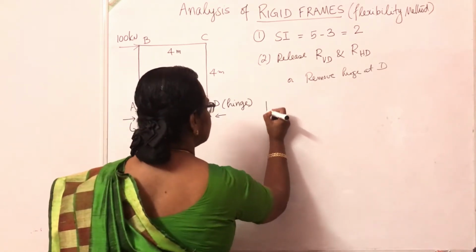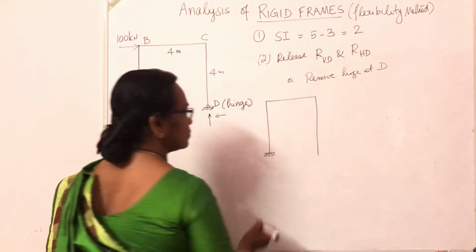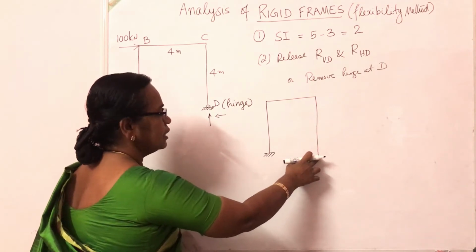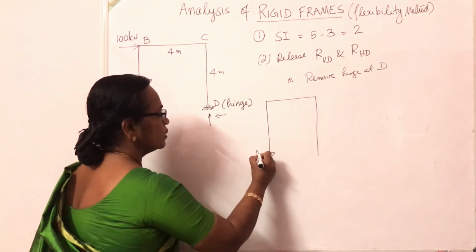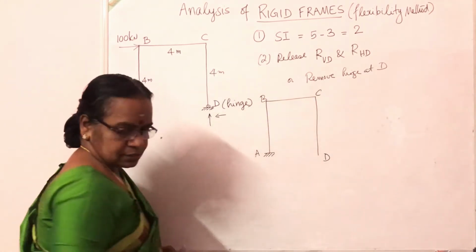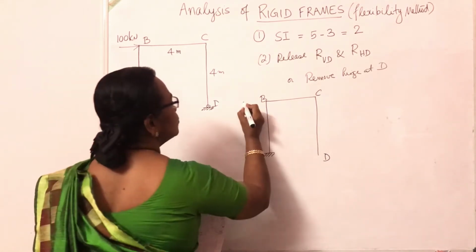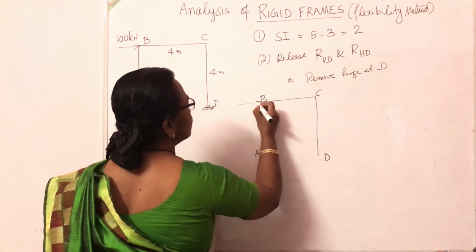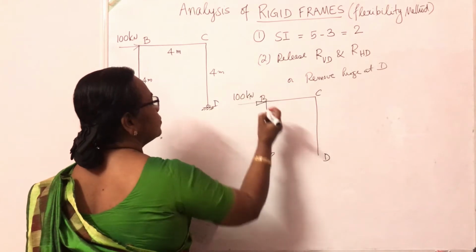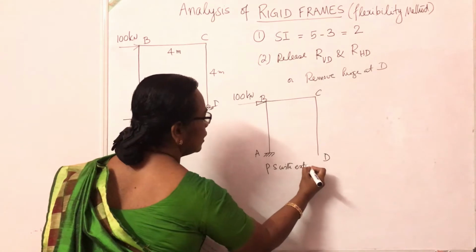So the primary structure is the structure after releasing the hinge at D. This is the primary structure ABCD, and the primary structure has the external load at this node. So the load is acting on the node itself. So this is 100 kilonewton.